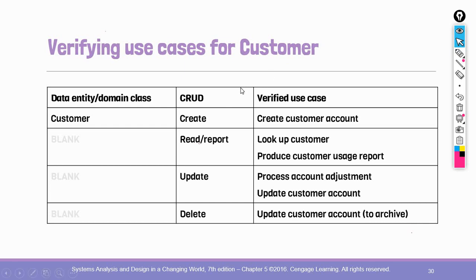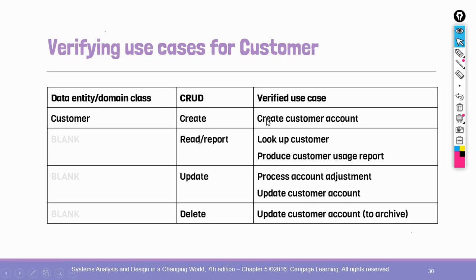So this shows an example of potential use cases based on the CRUD technique for RMO customer data. The CRUD technique is best used to take already identified use cases and verify that there are use cases for create, read, update, and delete as a cross-check.